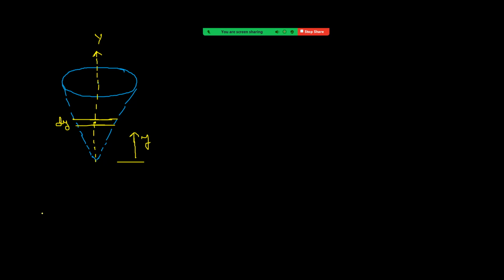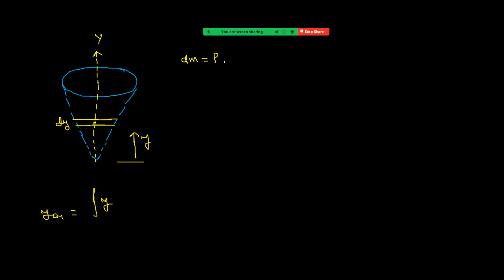So what I can do here: YCM equals integral y dm upon integral dm, where y is y only. Here mass is in the entire volume, so we should take dm equal to rho into dv.